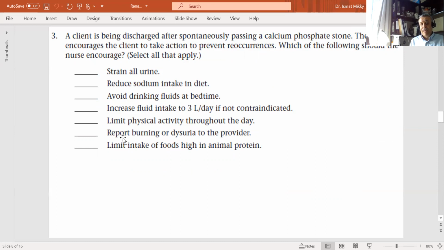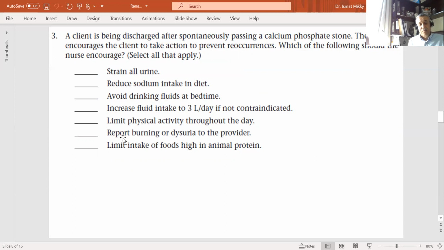So reduce sodium intake in diet, increase fluid intake to 3 liters per day if not contraindicated, like when patients have renal problems like end-stage renal disease or CHF, or liver problems like liver cirrhosis or end-stage liver disease, where that is contraindicated. Report burning or dysuria to the provider and limit intake of food high in animal protein.